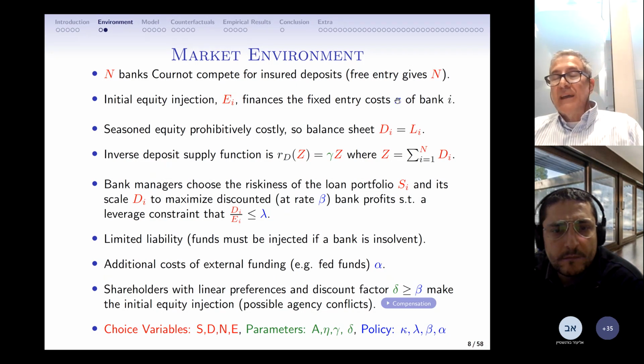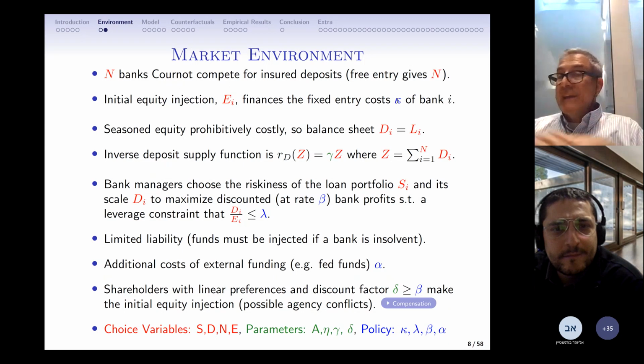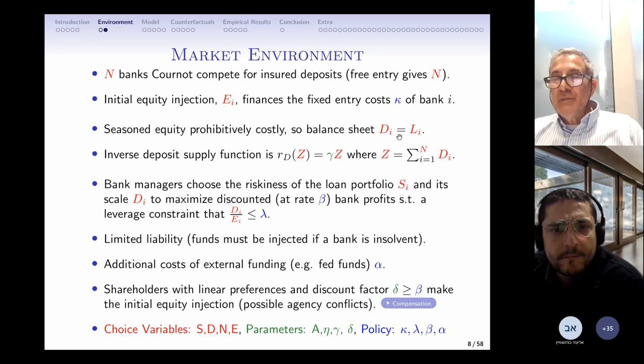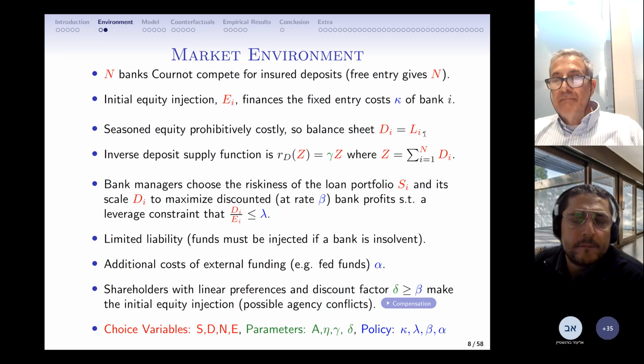You can think of kappa as the physical plant of all the branches of a bank on the balance sheet that we're using from the call report data. You actually have what the real assets of the bank are, which are its bank branches, etc. So our balance sheet would be D and E on the liability side, and L and kappa on the asset side.